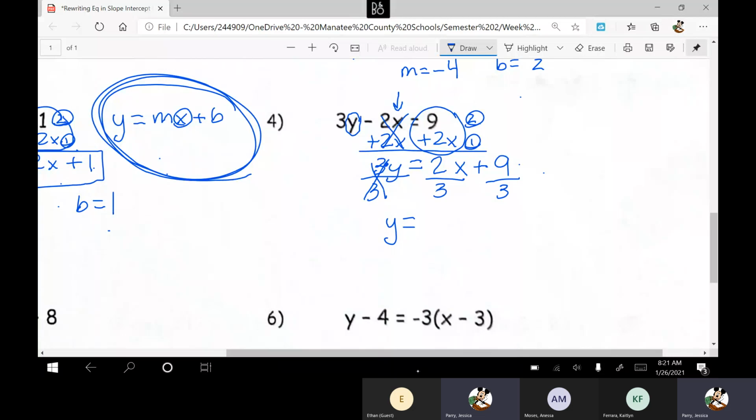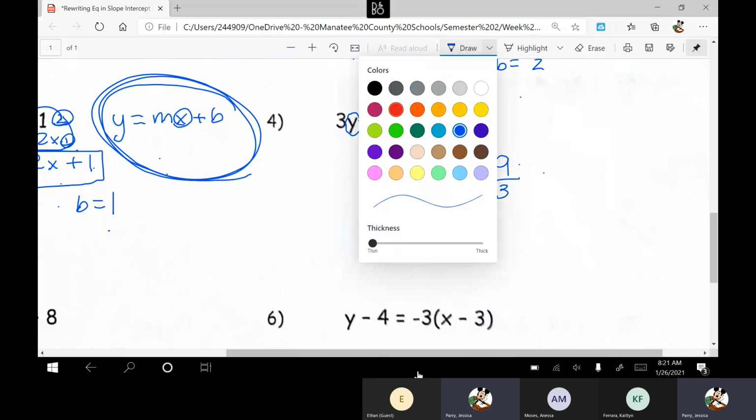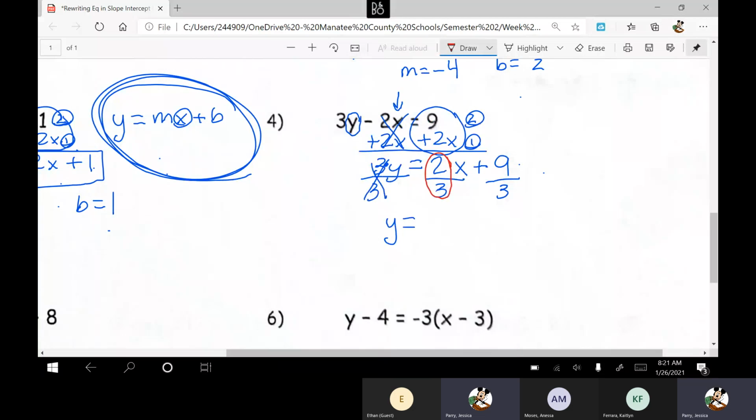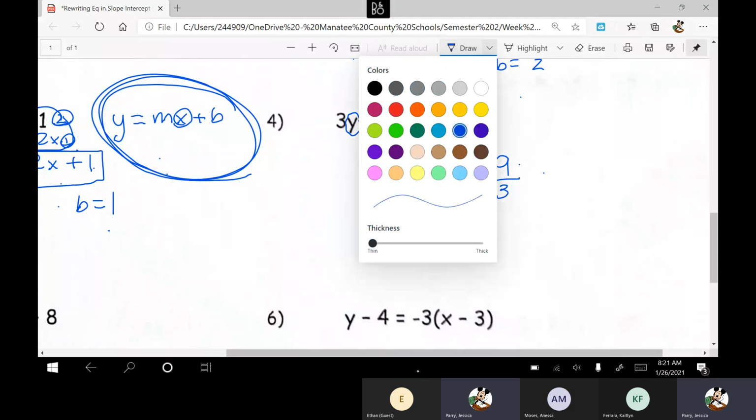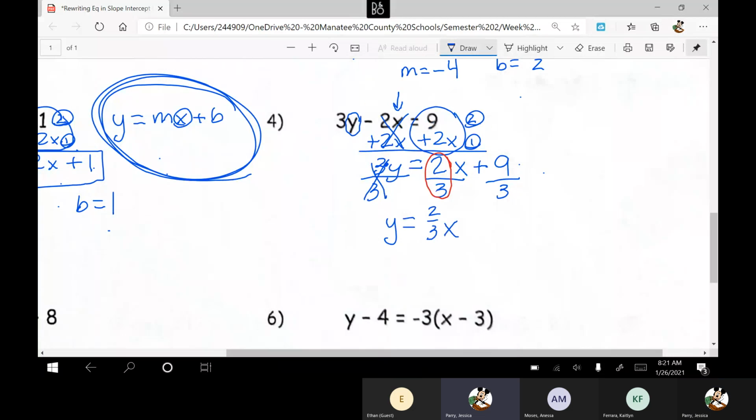Let's go ahead and simplify our fractions if we can. This 2 over 3, 2 divided by 3, I cannot do that to get a pretty number. It ends up coming out as a decimal. So let's just leave it as the fraction, the 2 over 3, and then just bring down the variable x. So I just kept my fraction, I rewrote it, that's fine.